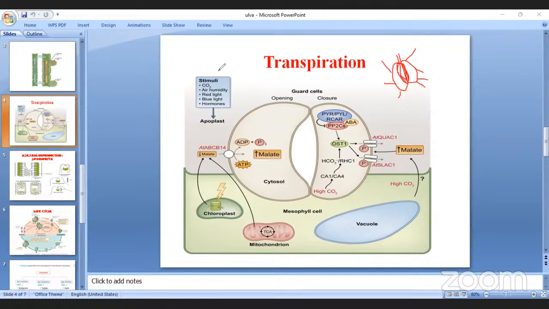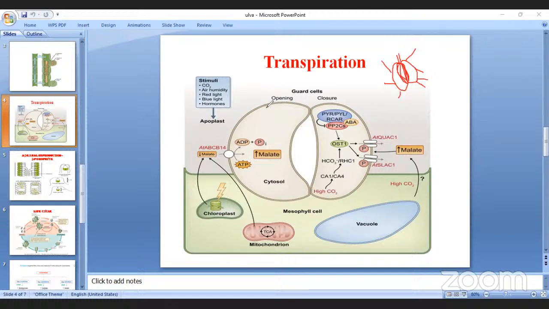According to this theory, there is accumulation of K plus ions into the guard cells. The K plus is actually not given here, so anyway, I will explain. K plus ions move into the guard cell from the subsidiary cells in the presence of light.